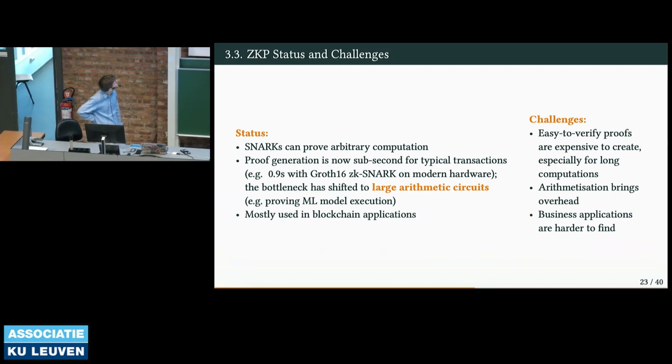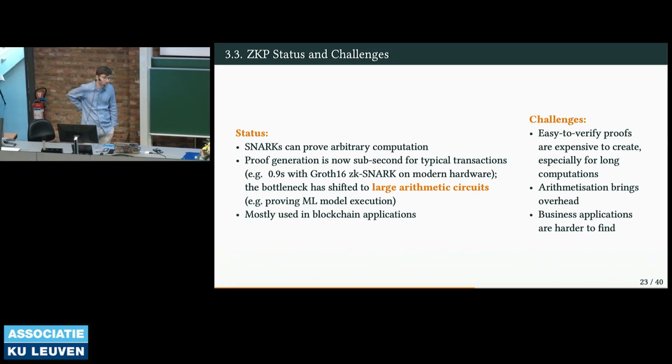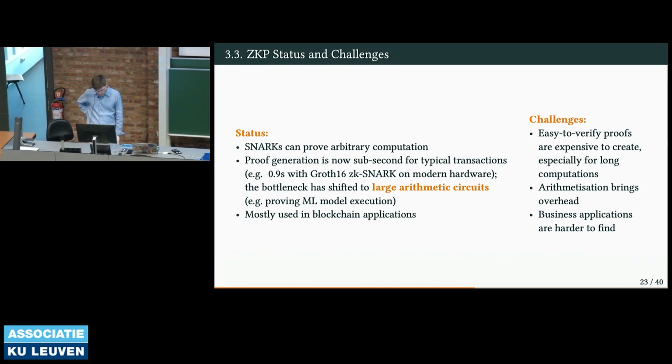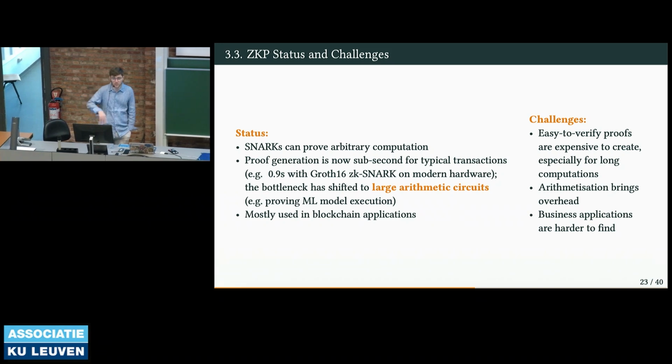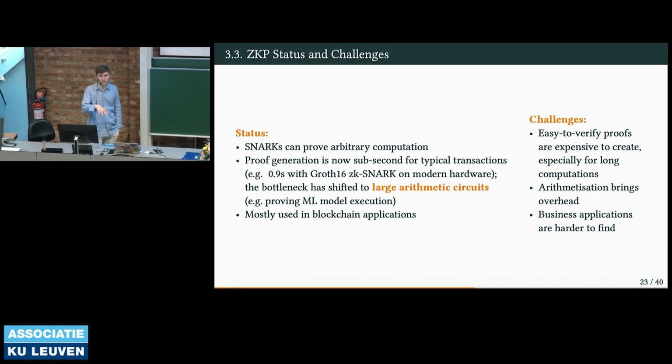A very big driver of zero-knowledge proofs in recent years has been blockchain applications, because in blockchains, computation is expensive. If you want the chain to compute something for you, you've got to pay for it, because it's validators across the network replicating this.